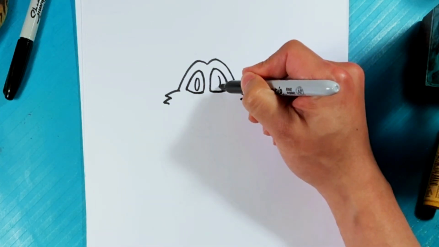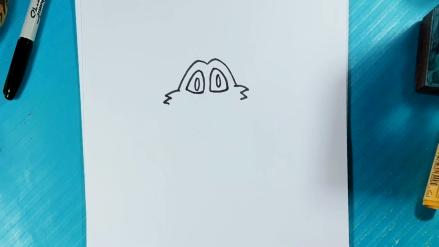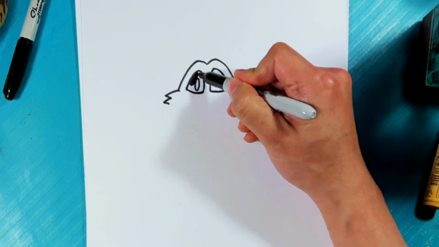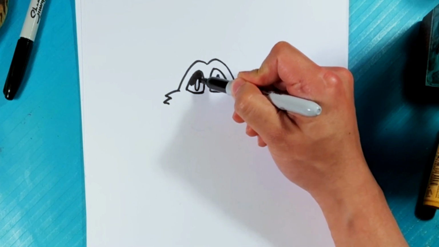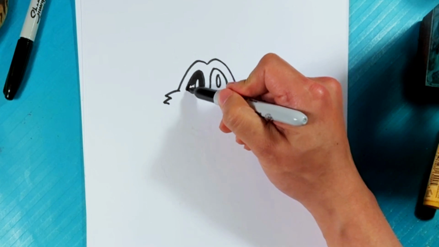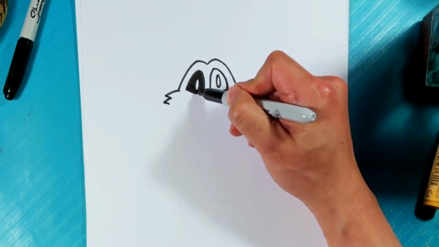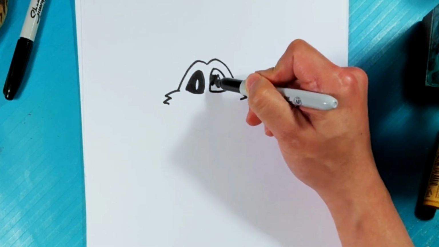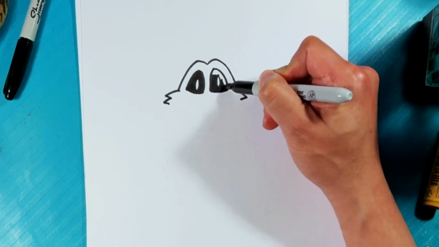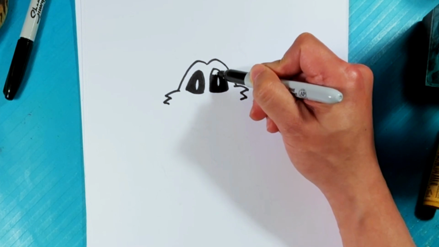It's like a coin shape almost, like a long circle, because you're going to fill in the negative space, and it's always going to shrink it because the line has a thickness to it. Going to go over here, same thing. There we go.